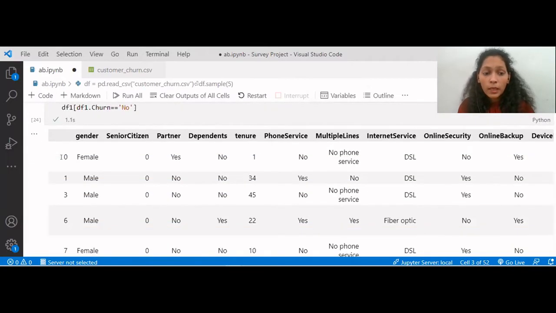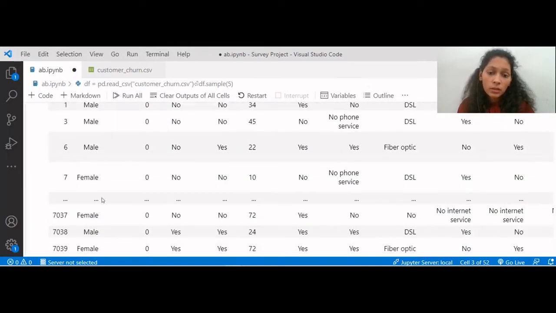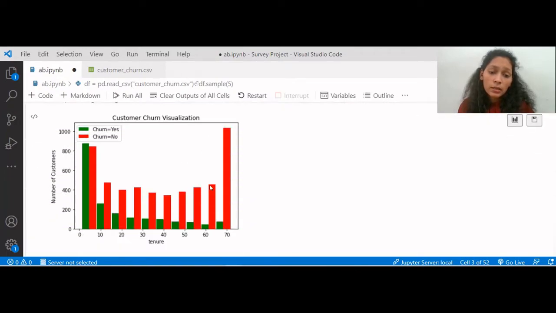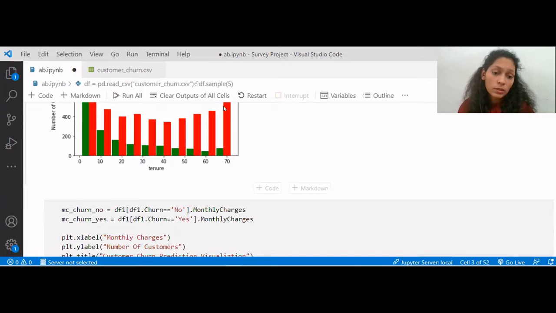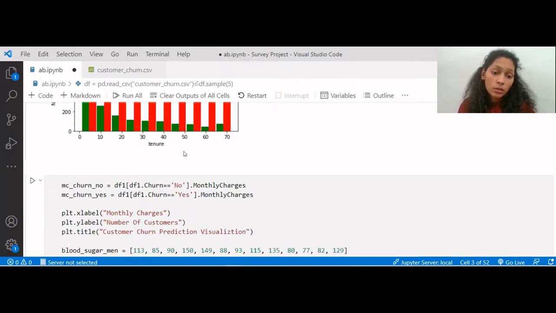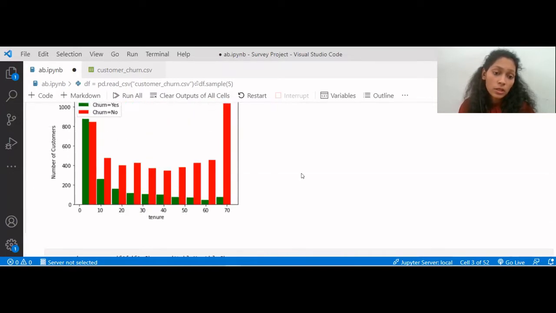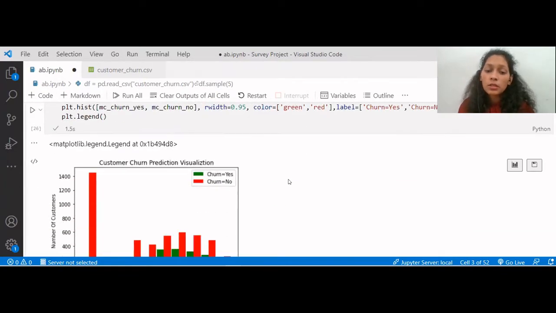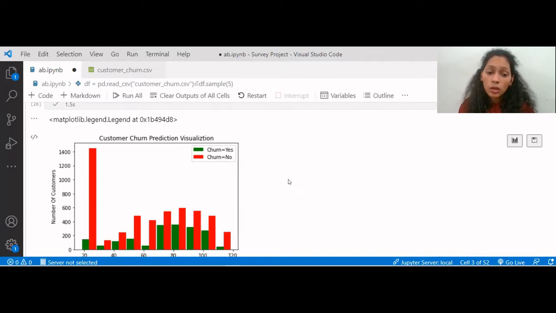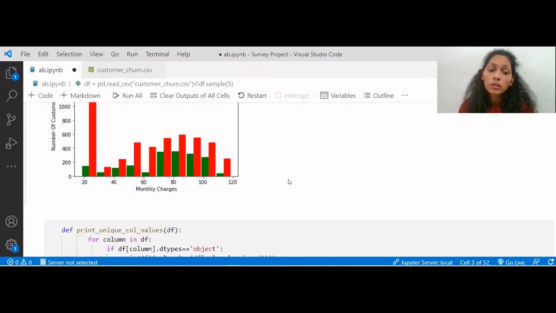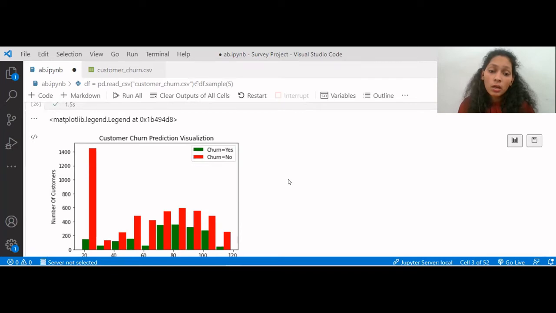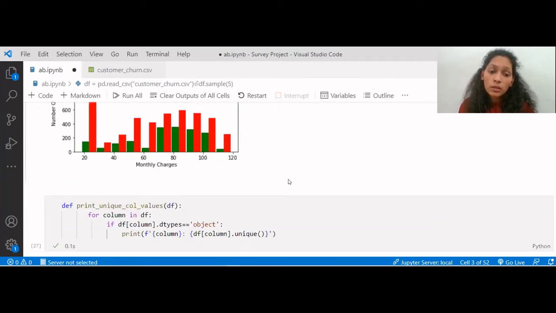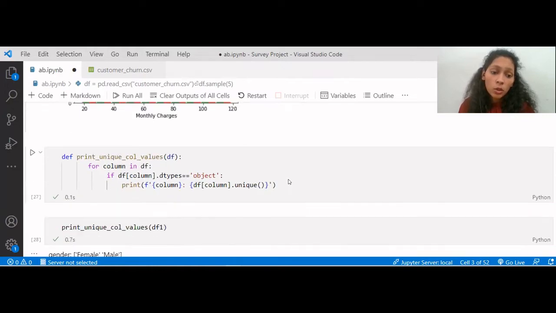Going further, we explore the data set to know our data, what the important classes are, what the different frequencies are, and what different patterns we can get.